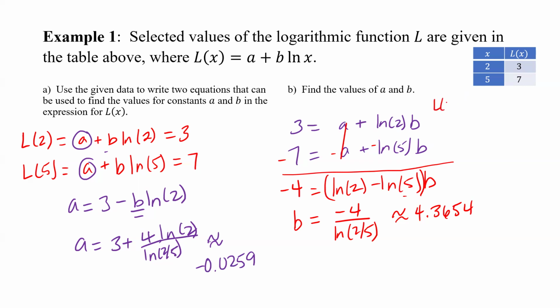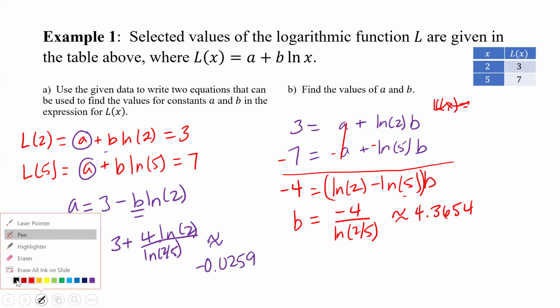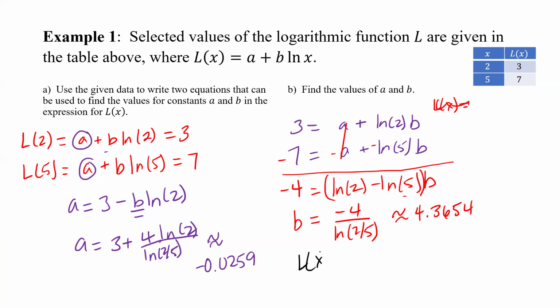So we know that L of X equals, I don't want to write it there. It's not enough space. L of X equals A negative 0.0259 plus 4.3654 natural log of X.